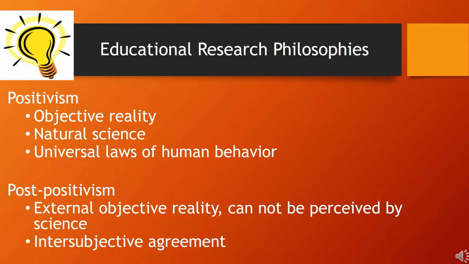Instead, the goal of science is to achieve intersubjective agreement among scientists about the nature of reality. This school of thought is skeptical about research results that support a theory until a number of researchers report such evidence. This is where the intersubjective agreement comes into play.